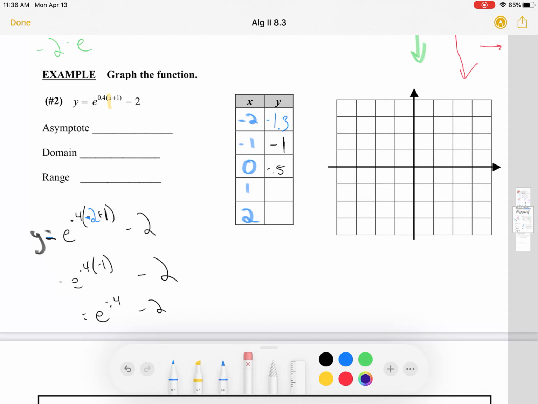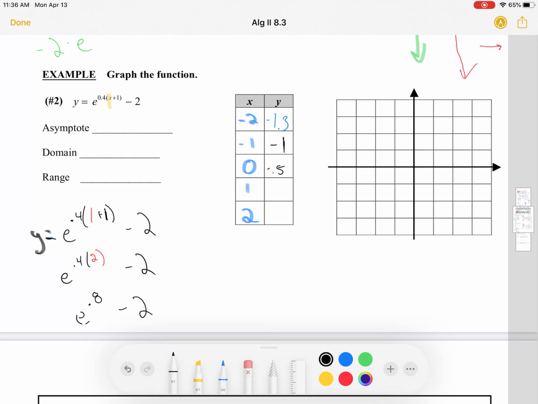So the next number we want to plug in is going to be 1. So let's plug in 1. This should be easy as well. So I'm going to plug in a 1 right here. Should get e to the 0.4 times 1 plus 1 is 2 minus 2. You can do the next step in your head as well. What's 0.4 times 2? Should get e to the 0.8 power minus 2.